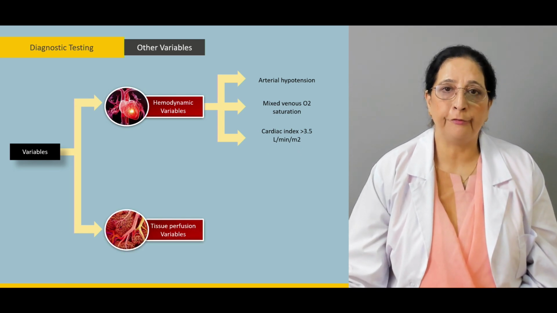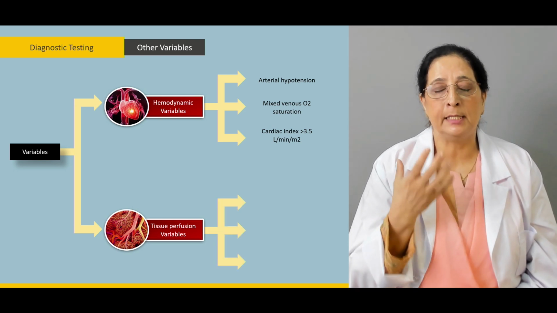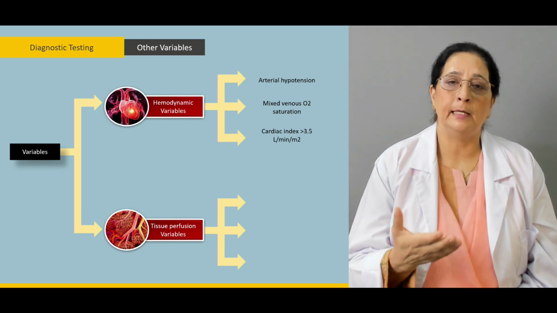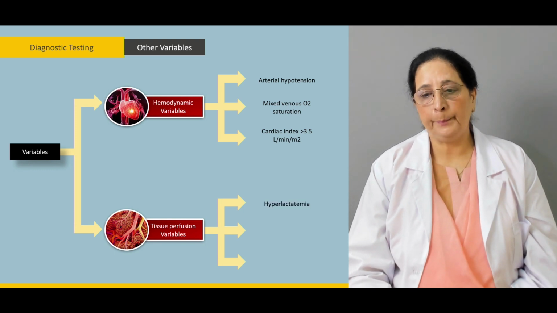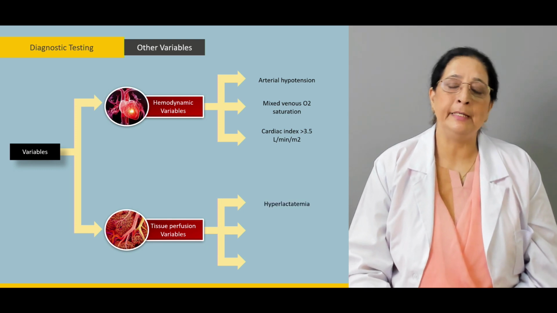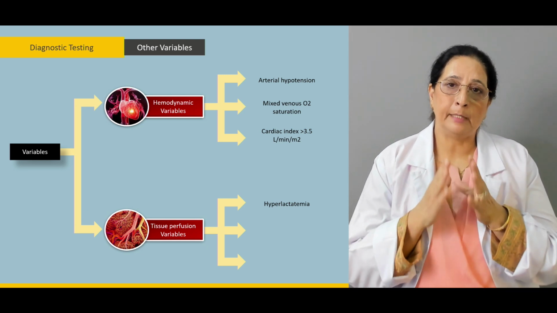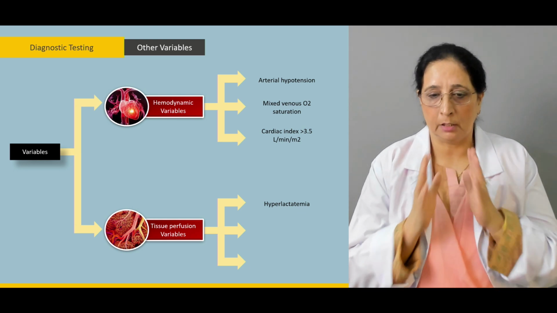Then tissue perfusion variables: how good or how bad is the supply of blood to the tissues, or the delivery of oxygen to the tissues. Hyperlactatemia, there is increased lactate level, and metabolic acidosis occurs if the perfusion is not good.